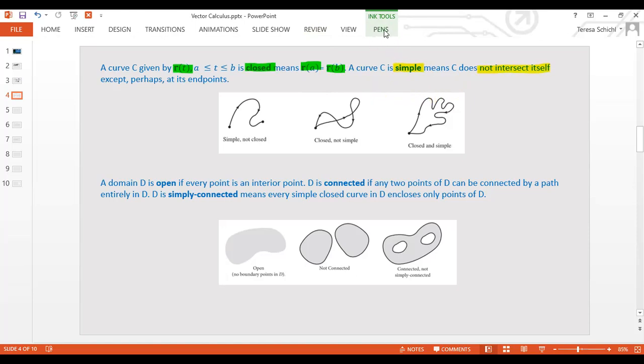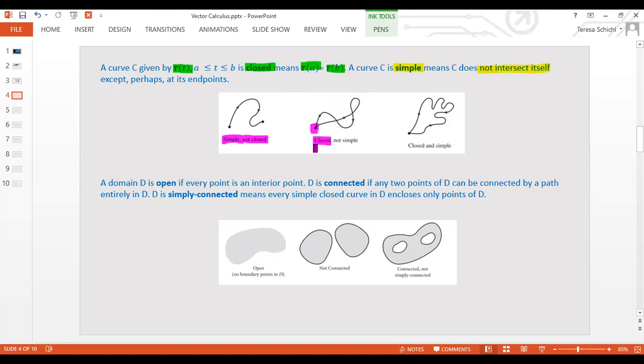So if you take a look at the graph here, what type of curve do we see? This is simple, it does not touch itself, but it is not closed, because the end point is not equal to the beginning point. This other curve goes around like this, so the starting point equals the beginning point.